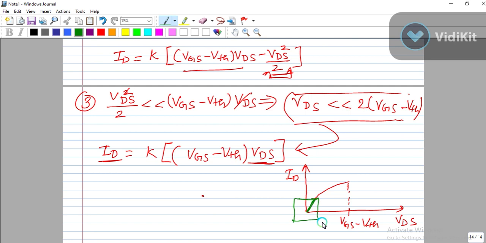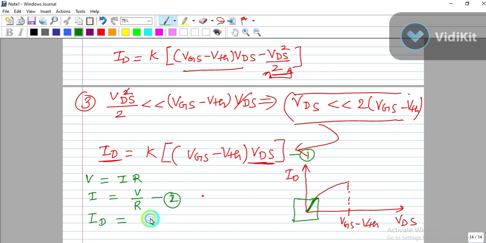Now we can see one more thing here. You know that V equal to IR, or you can say I equal to V by R. Can you compare this equation with this equation? Let's do it.